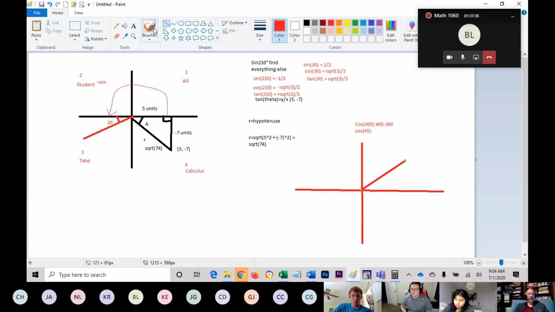So we're really just looking at a 45 degree angle. And the nice thing about this is, what do we know about all of my functions in quadrant 1? They're all positive. Okay, so do you remember what the cosine of 45 degrees is in quadrant 1?